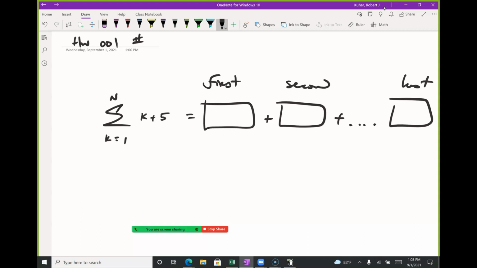So what's the value for k in the first term? 6. I like 1 better. I like the answer of 1, because I want to do something as simple as possible. So I really am just writing 1 plus 5 here. And then in the second term, what's the value of k? 2.